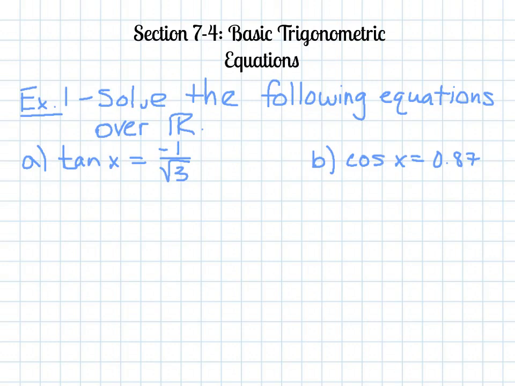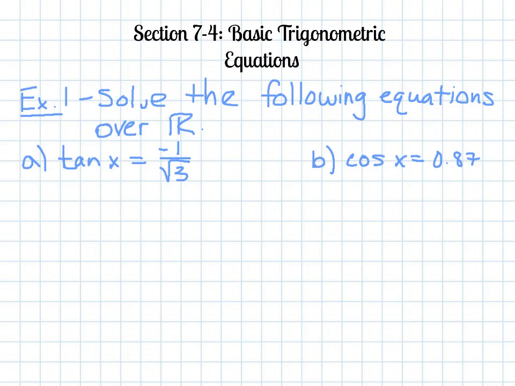So if I have tangent x equals -1 over square root of 3, you can think of it as an inverse to find the first one. So tangent of x equals -1 over square root of 3.